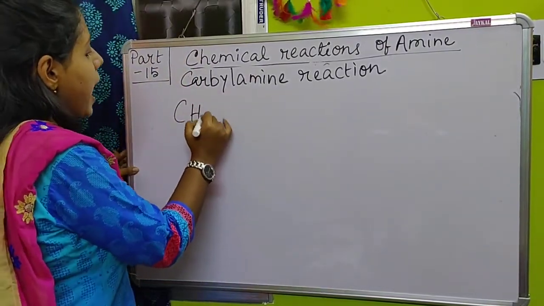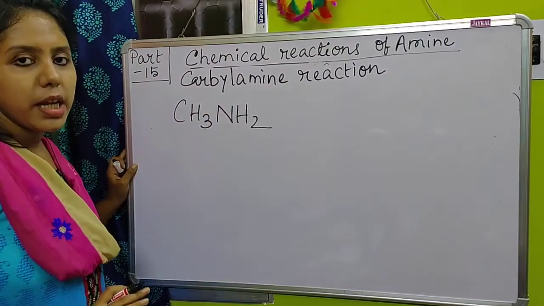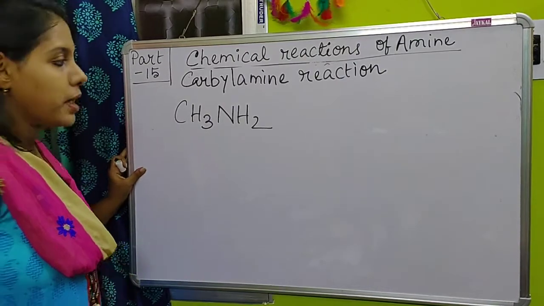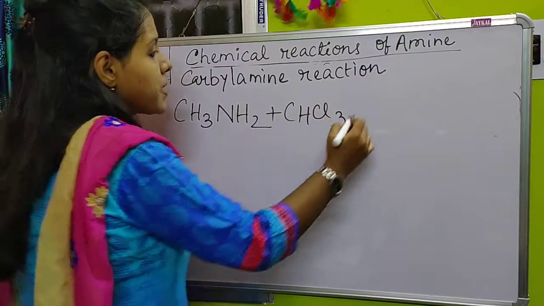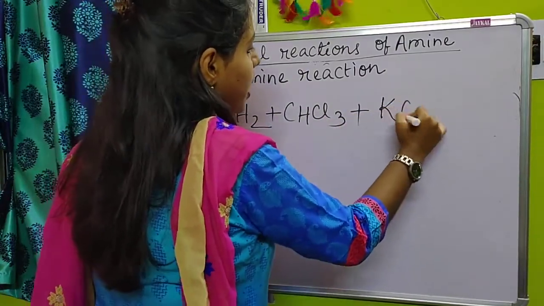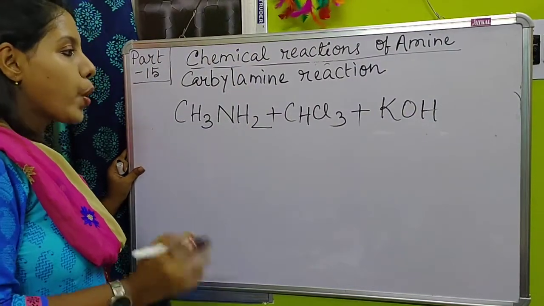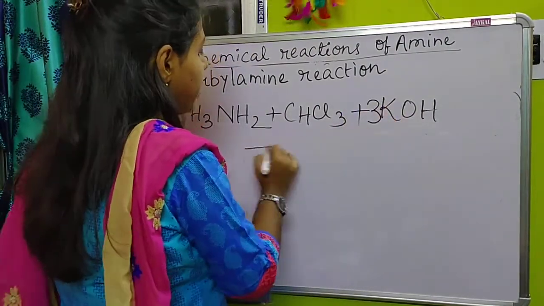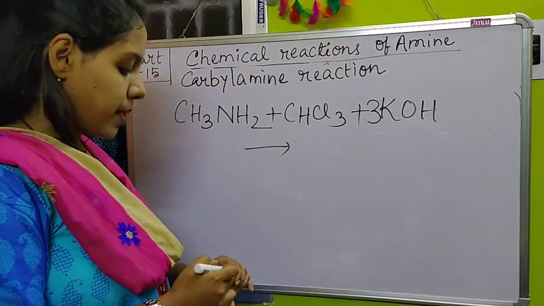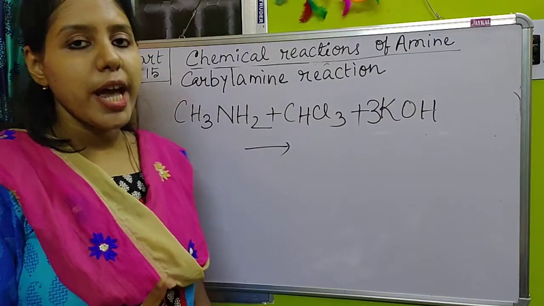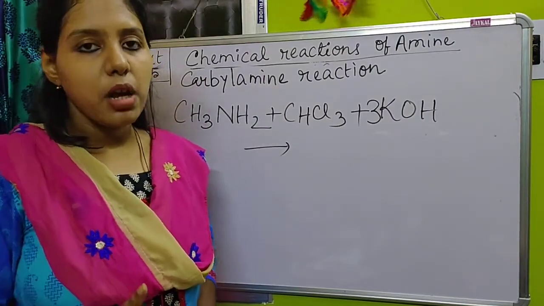If we take a primary amine, for example methylamine, CH3NH2 or methanamine, and treat it with chloroform in the presence of KOH, that means an alkaline solution of chloroform, then we will get a substance having a very pungent odor or smell.